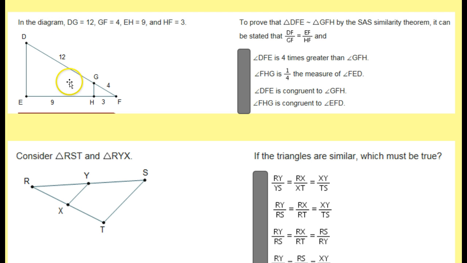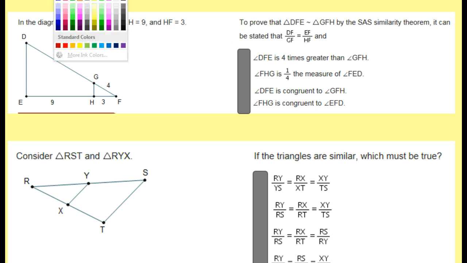In the diagram, we have all these numbers that are shown. To prove that these triangles are similar by the side angle side similarity theorem, it can be stated that DF over GF, okay, let's get those going.